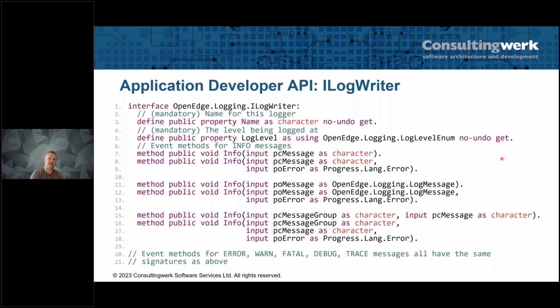So there's multiple versions of info. Why, you might ask, would you want to pass an error into an info message? Well, because you can. It may be useful to pass that in. I don't believe the interface supports passing stop types in, but you could wrap those in an error class or write your own message as well. Not a huge deal.